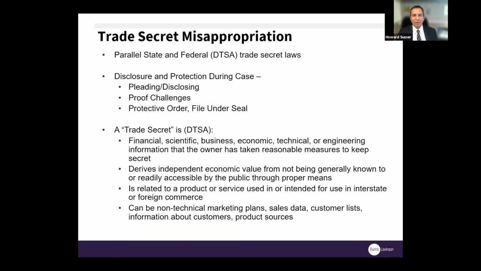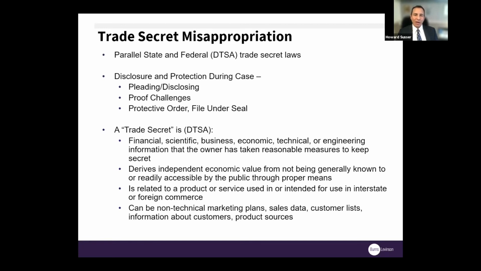Every state has its own trade secret rules and laws. And then recently, I think President Obama signed into law the Defend Trade Secrets Act, the DTSA. So now there's a federal codified trade secret act that allows you to go into court and assert some of those ex parte remedies we discussed, and then litigate your case to completion.